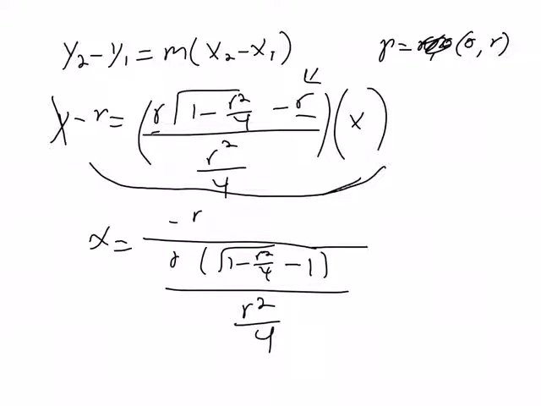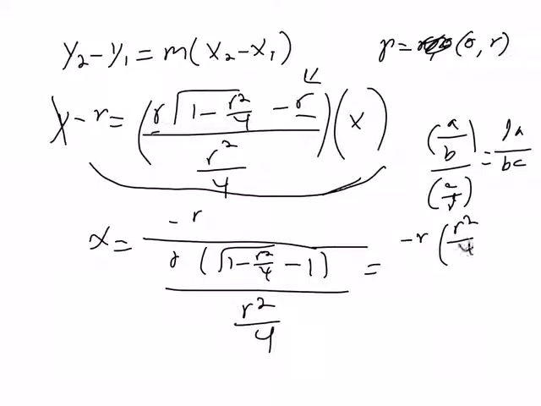Now remember, if we have a over b over c over d, this is the same as d a over b c. So this is the same as negative r times r squared over 4, divided by r times the square root of 1 minus r squared over 4, minus 1.